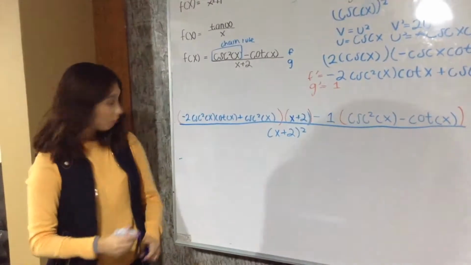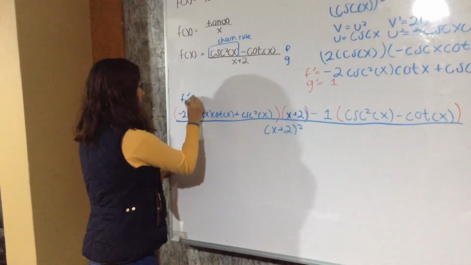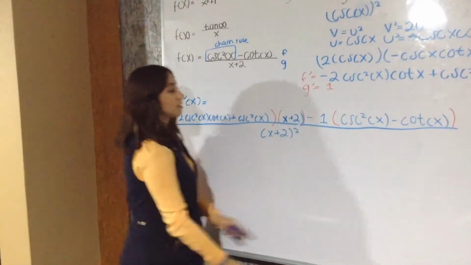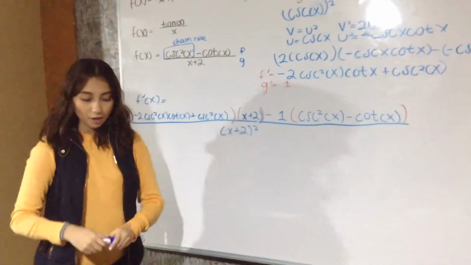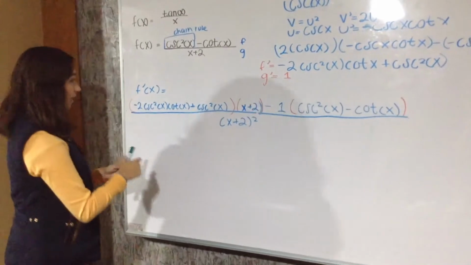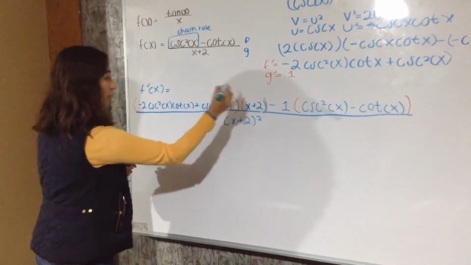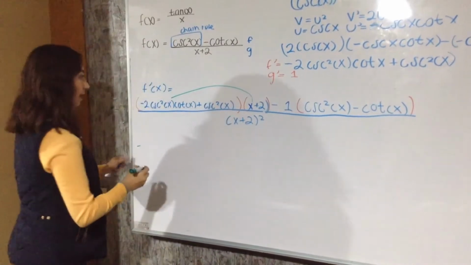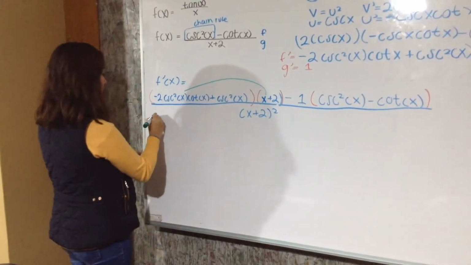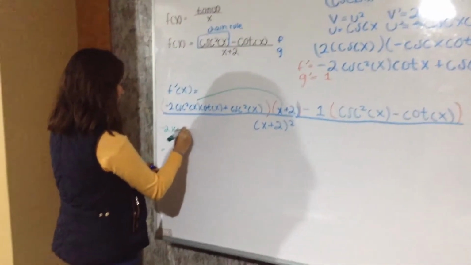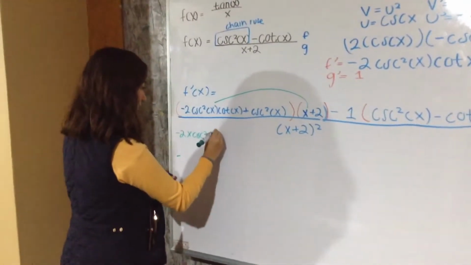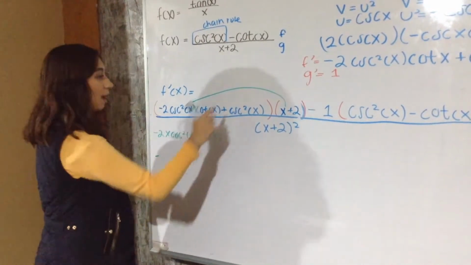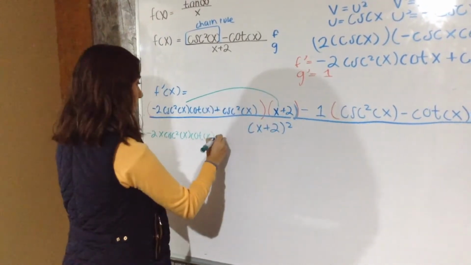Now, for presenting our derivative, we have to multiply these terms and these terms. First, I'm going to multiply this term by the x. And it's going to give me minus 2x. Now this term by x.